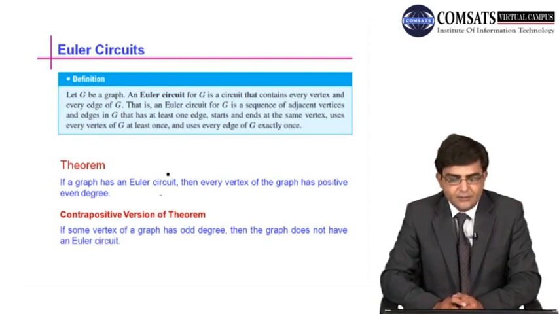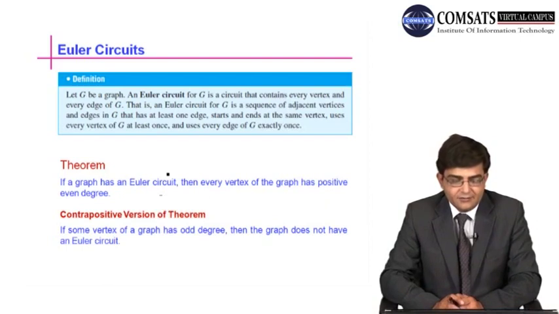We shall also discuss with the help of examples how to construct, how to calculate an Euler circuit in any graph G. Here is an important result which is related to Euler circuits, which is a theorem.